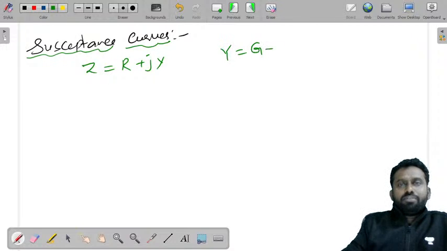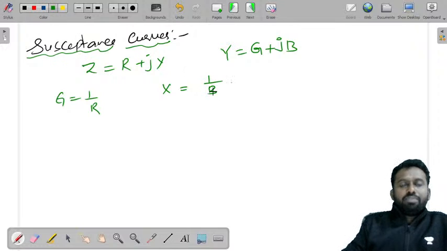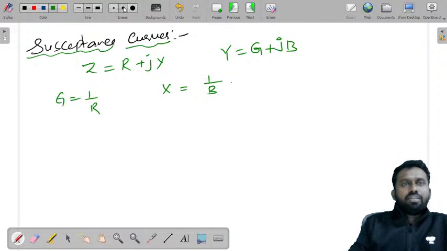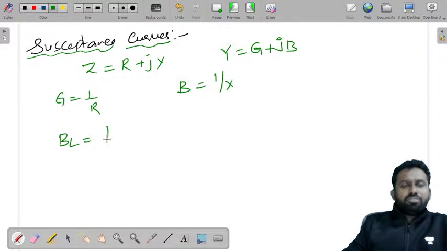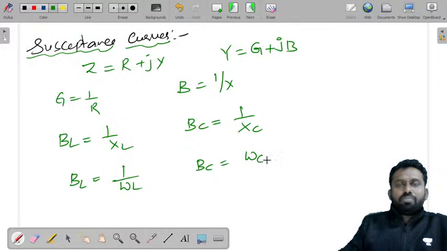So Y is equal to G plus jB, where G is equal to 1 by R and B is equal to 1 by X, or you can write it the other way. So B_L is equal to 1 by X_L, B_C is equal to 1 by X_C. So B_L is equal to 1 by omega L, B_C is equal to omega C.